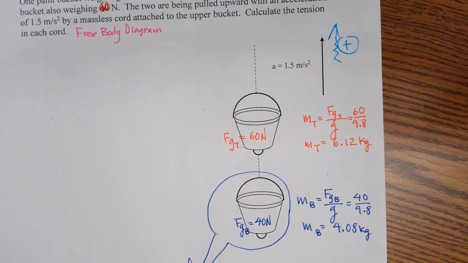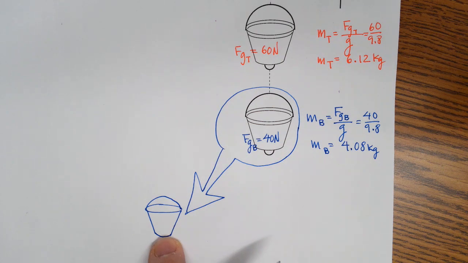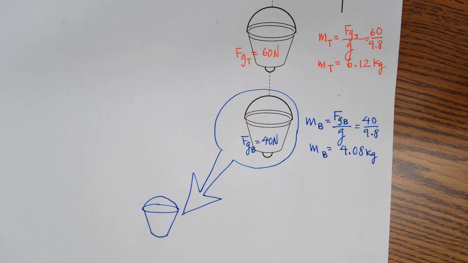Okay? So here, I will actually draw this one down here, where I have my bottom bucket. And let's draw all the forces acting on that bottom bucket. How many forces are acting on that bottom bucket?